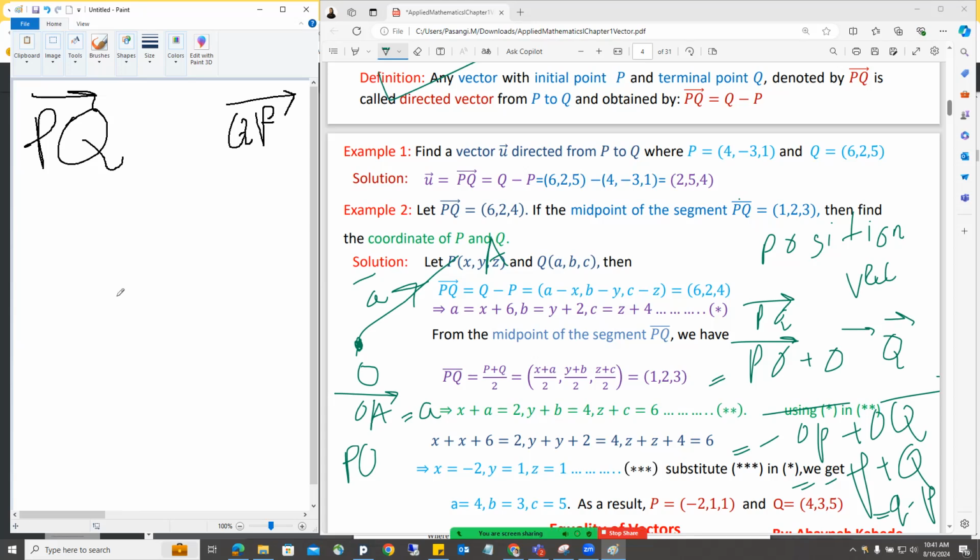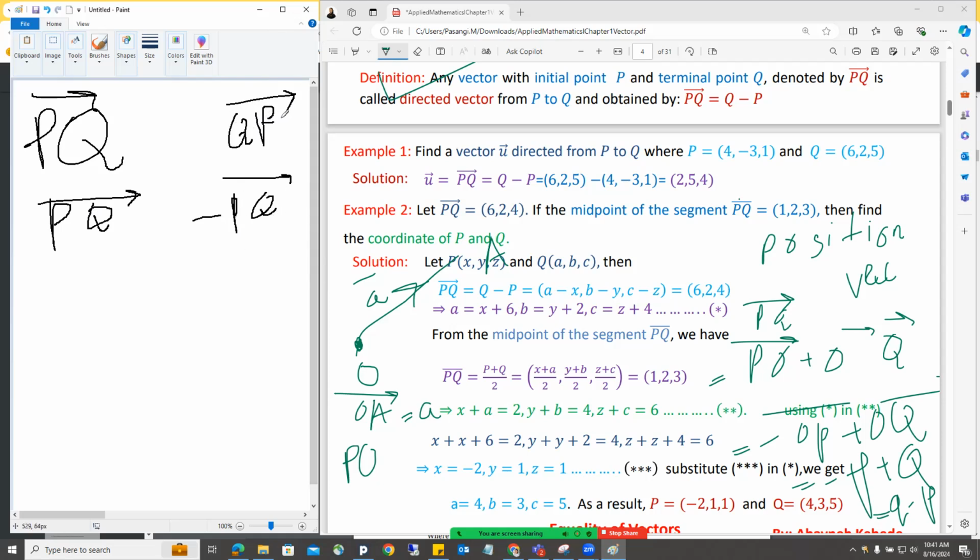So the QP vector is actually equal to minus times PQ.